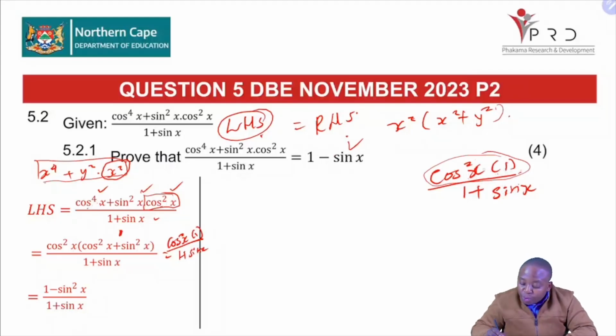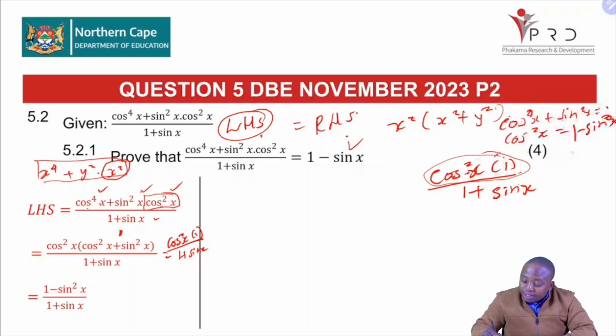Then what am I going to do? I am going to utilize the square identity to convert this cos squared x into sine. Then how do I do that? Remember, cos squared x plus sine squared x is equal to 1. If I transpose my sine squared x, I get cos squared x equals 1 minus sine squared x.